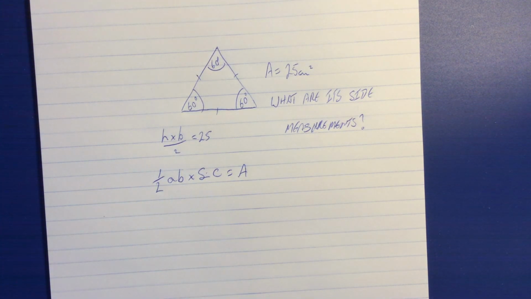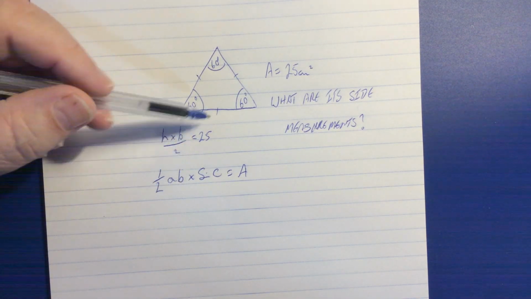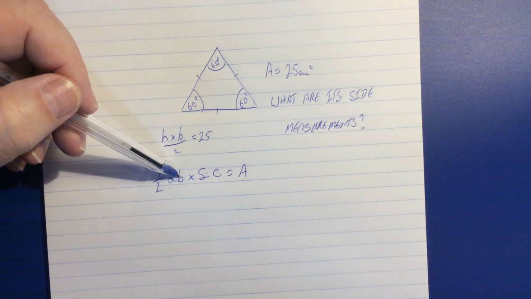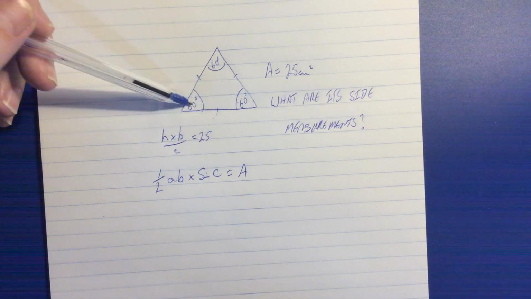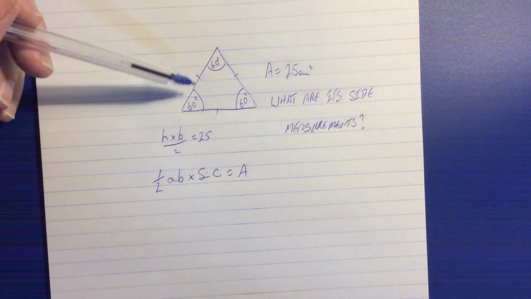And when I said we were going to use the innate properties of an equilateral triangle to solve this, what I was talking about was the fact that A and B, the side lengths, will be the same, whichever ones we take. And all the angles are the same, so we can take any of these angles.